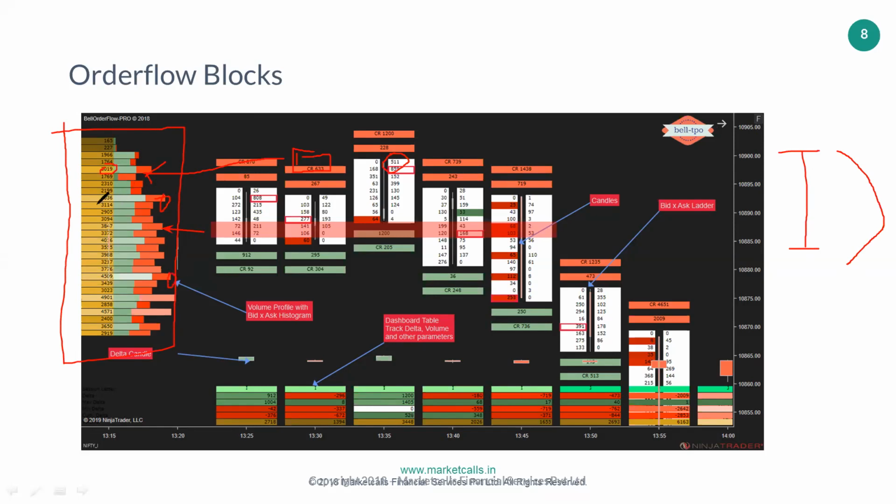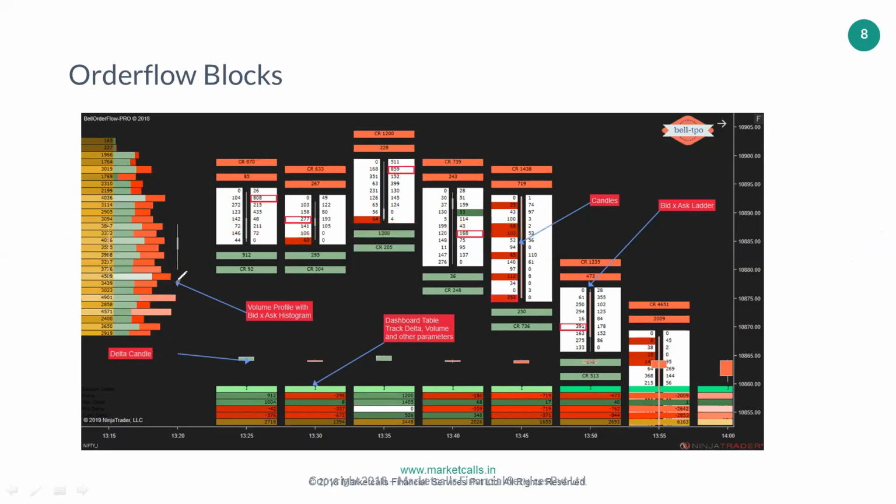Even in this volume, the 3,036 level, out of 4,000 lots it is bifurcated into how many are buyers and how many are sellers. That classification it gives in the histogram charts. There is one more higher volume over here.